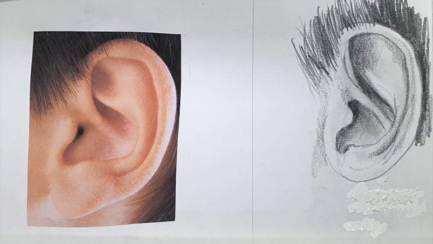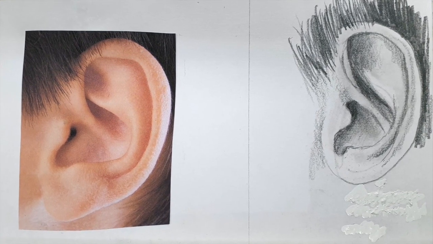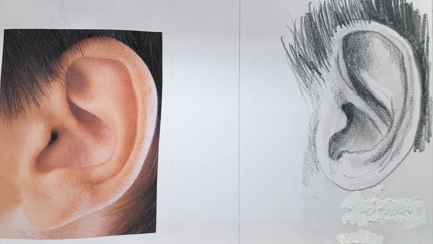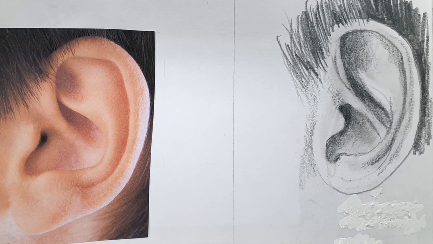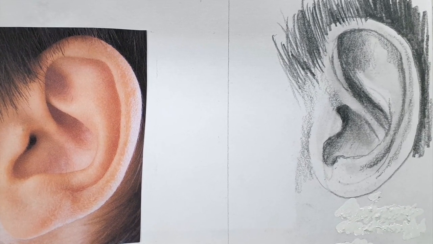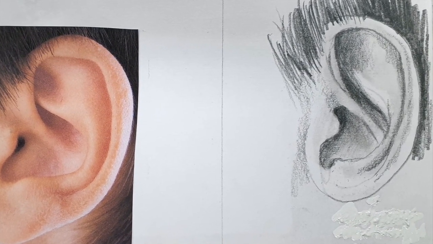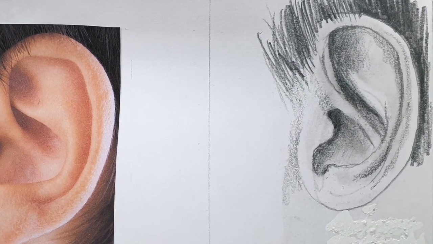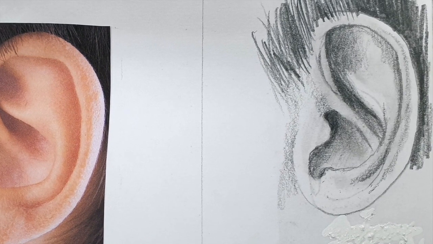They'll work into it with a stump, but then they won't do that extra level of shading and detail with their normal pencil. And this student's even added some hair around the drawing. She didn't need to do that, but it does help the drawing itself look even better.